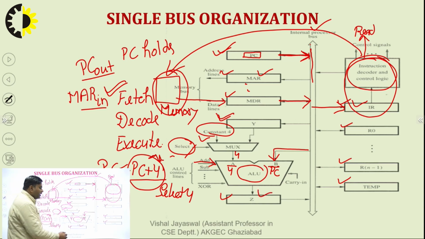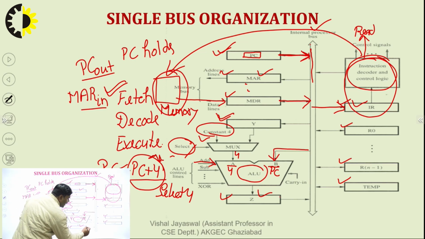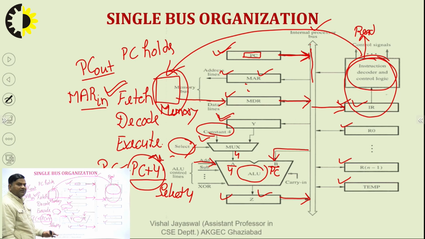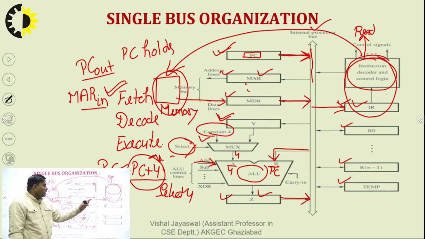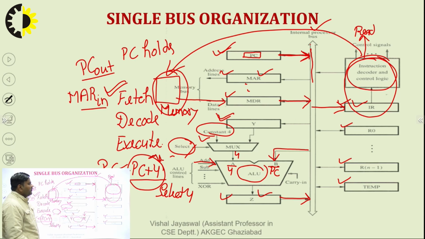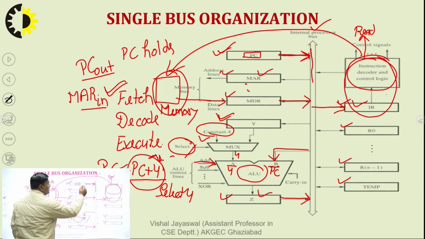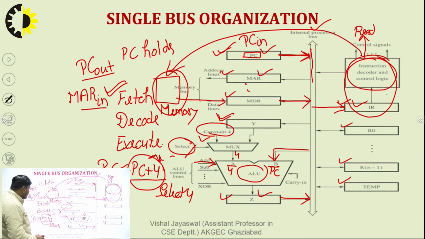And if we out the value of Z on the internal processor bus, it means PC plus 4 is on the internal processor bus, and if we want to receive it in the program counter register, we allow it by PC in. So in this way we can increment the value of PC by PC plus 4.